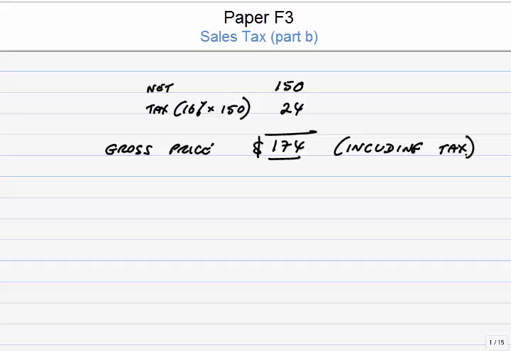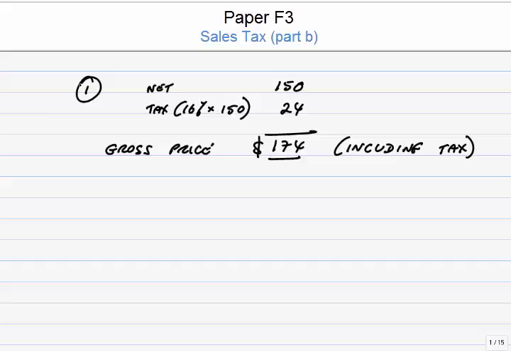However, where it gets slightly more fun, that was example 1, remember, is a lot of businesses do quote prices that way. They quote a price without tax, but the invoice will actually be for higher, as in this case. Certainly in shops normally the shop quotes the gross price including the tax.